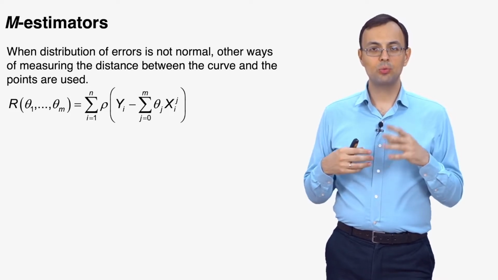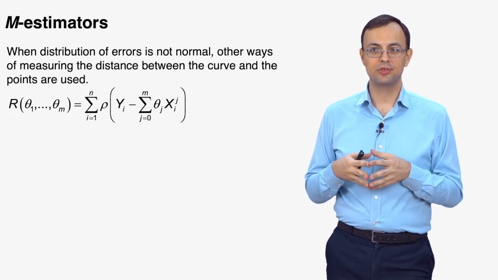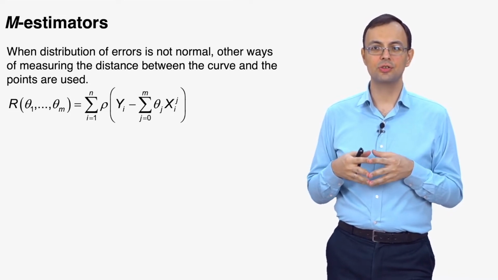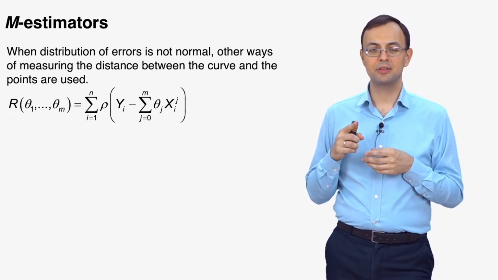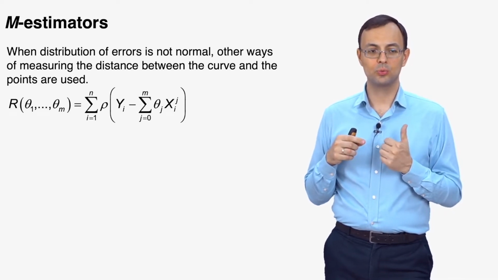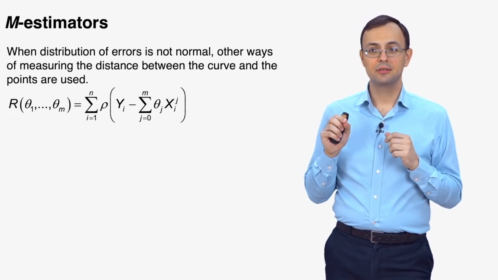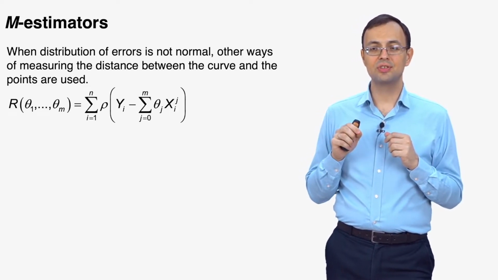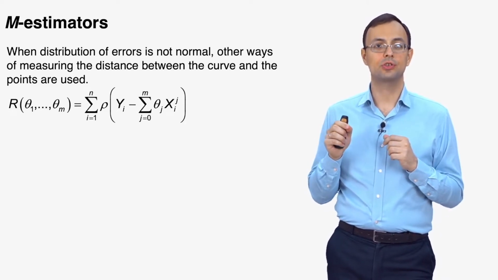And so the general way to describe these ways to measure the distance is the function you see now. You see that this function is very similar to what we had previously, but instead of the square, you see the rho. This rho is not a coefficient, rho is a function.